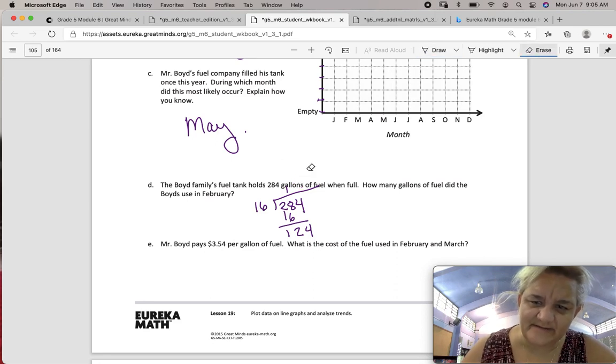Well, if it was 7, that would be 42, which would leave us with 12 left over.